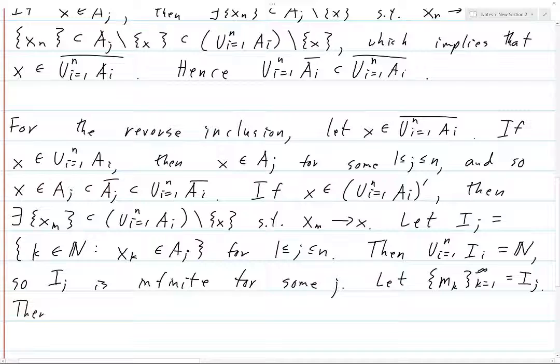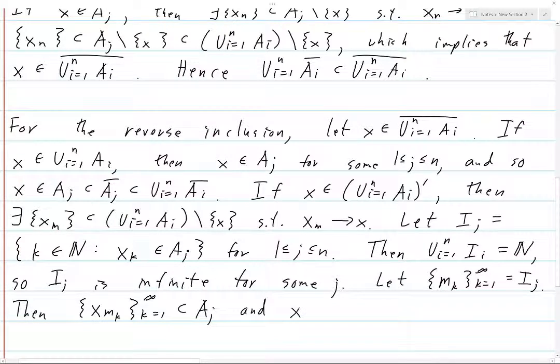Then the sequence consisting of xmk, where k ranges from 1 to infinity, because each mk belongs to ij, each xmk belongs to aj.